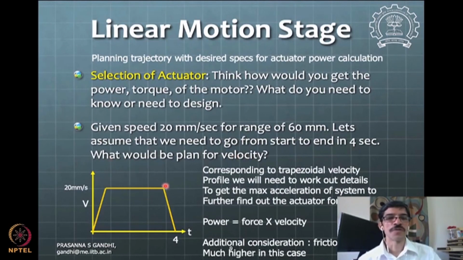Okay, so now let's say I've chosen this 4 seconds or whatever time I've chosen, and I want to limit my maximum velocity to 20 per second. Then I can shape what these straight line rises will be, that will give me the acceleration to go from 0 to 20 per second speed.